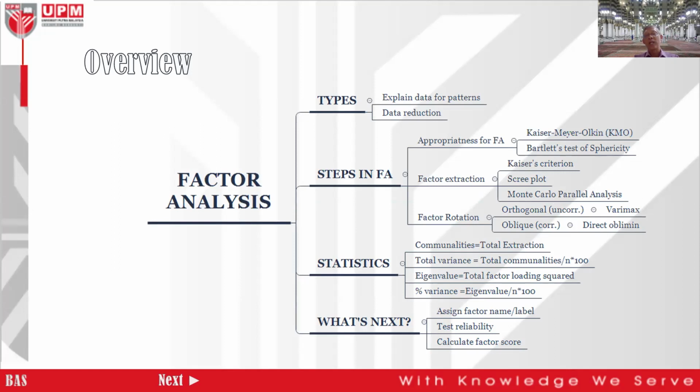And finally, what next? Just to share one personal experience. There was one PhD candidate in a viva where I happened to be one of the examiners. The candidate utilized factor analysis for the study.